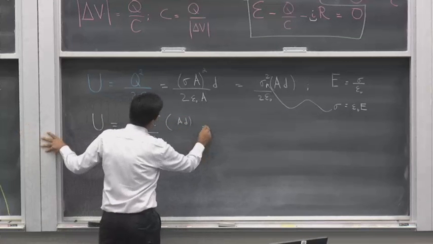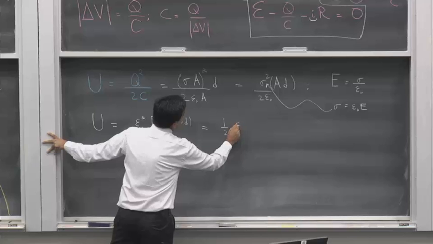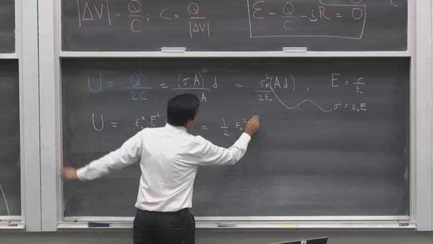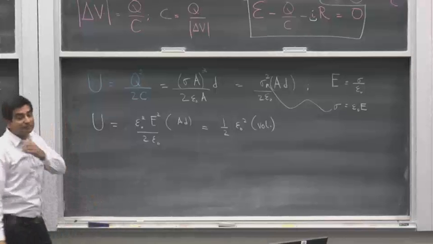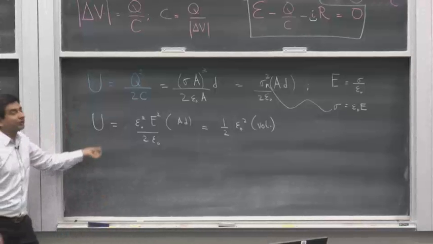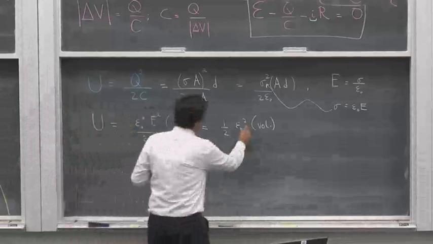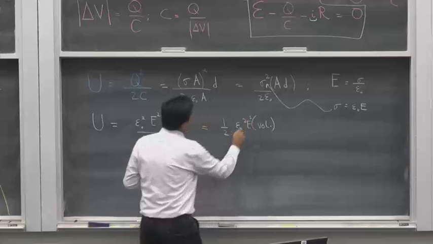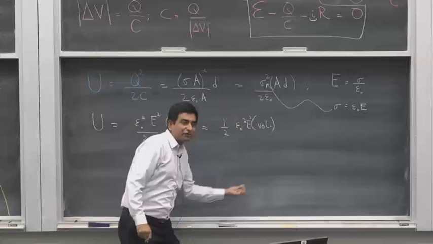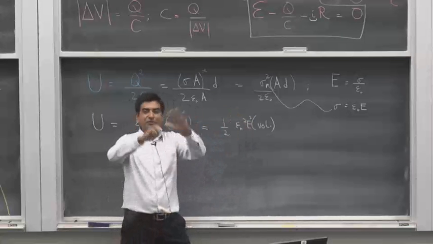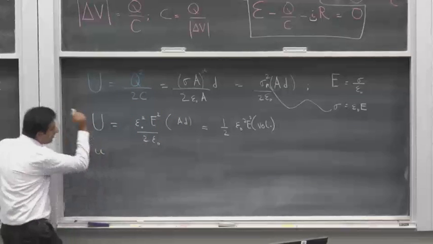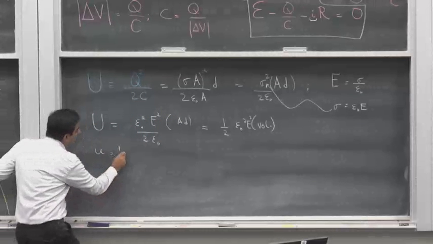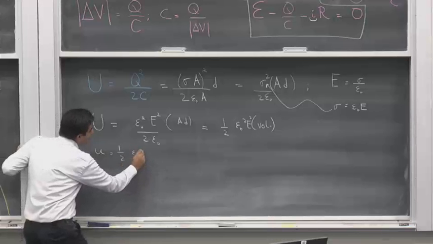This is half epsilon naught E squared into the volume of the capacitor. The total energy is equal to half epsilon naught E squared into the volume of the capacitor. The energy per unit volume, given by small u, is half epsilon naught E squared.